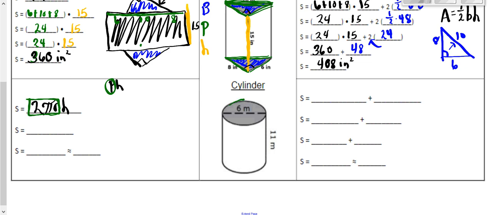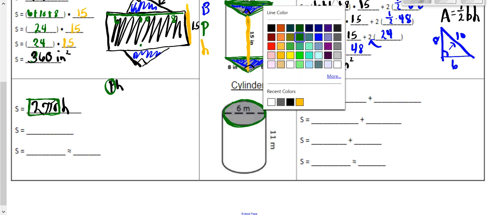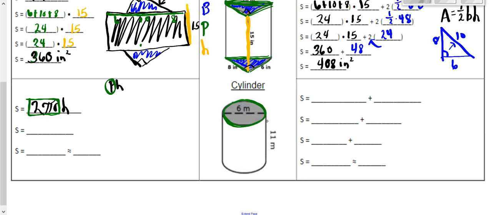So let's go ahead and mark our circumference. We're going to multiply by my height. Okay, so we're still using yellow for my height. Okay, so we're doing the same process. It's just now we're dealing with circles, so we have different pieces we have to deal with there.